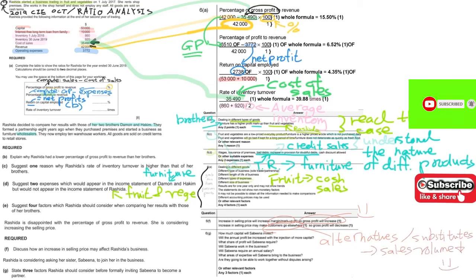That's not a good one, that's a bad one, and it might make your gross profit drop. So you have to consider both positive and negative effects. So let's put it down. In this question, you have to consider both positive and negative effects.